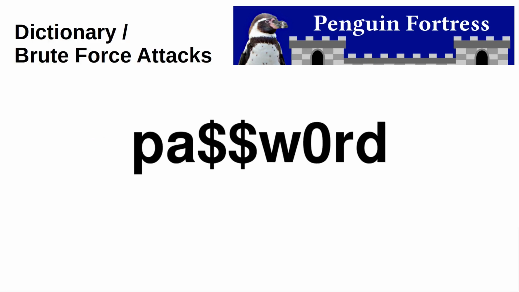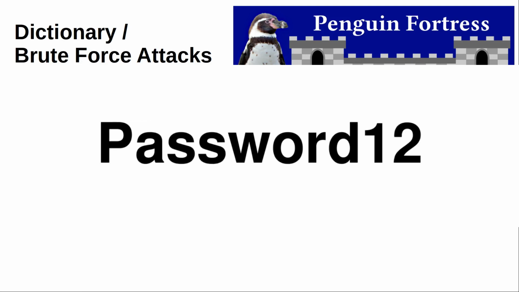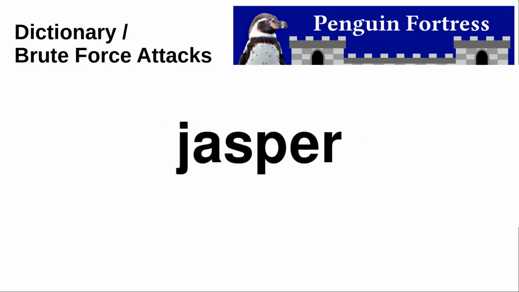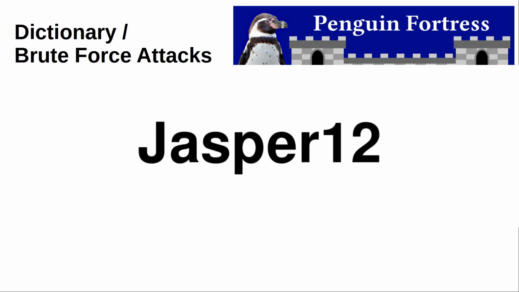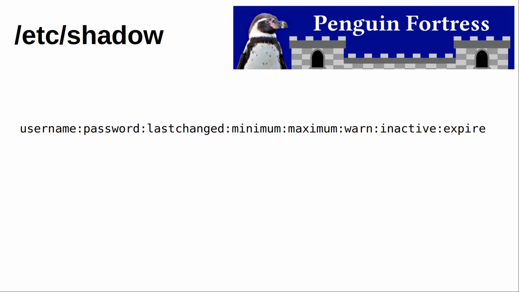Although the new hashing algorithms are much safer, they've still got risk of dictionary or brute force attacks, especially if the user chooses a poor password. And this is why the password is no longer stored in the /etc/passwd file. Instead, it's moved into a different file called /etc/shadow, which is a bit of a compromise, because the ideal solution would be to make the /etc/passwd file so that only the admin root user could read it, and then you can just have it all in one file.